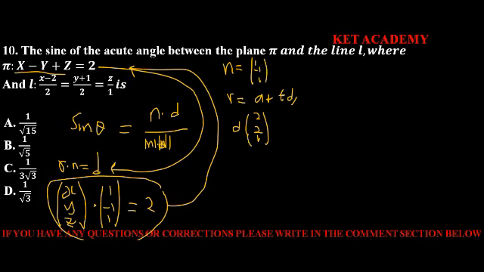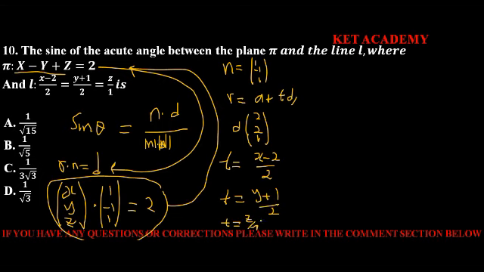But the most appropriate way to get it is to equate all of these to a parameter, let's say t. If we do that, we have t equal to (x minus 2) divided by 2, t equal to (y plus 1) divided by 2, and t equal to z divided by 1.